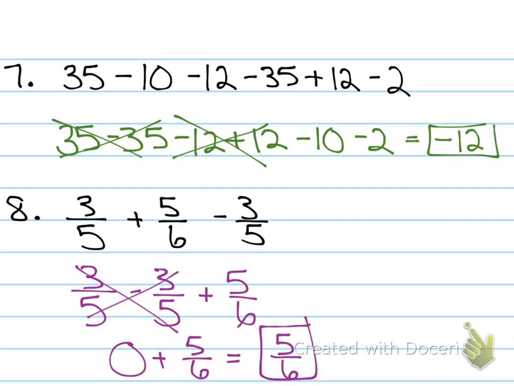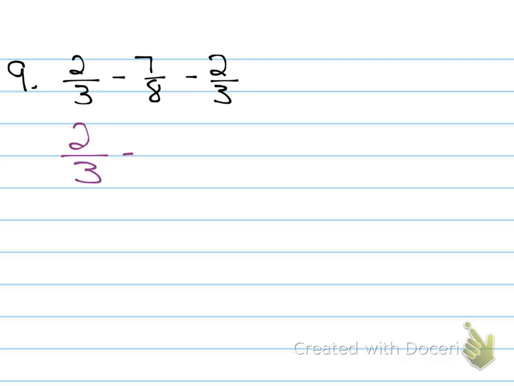A lot easier. All right, so 2/3 minus 7/8 minus 2/3. How'd you rearrange them? 2/3 minus 2/3. All right, I don't want to find an LCD if I can recognize some opposites, cancel them out, and what's my answer? 7/8.